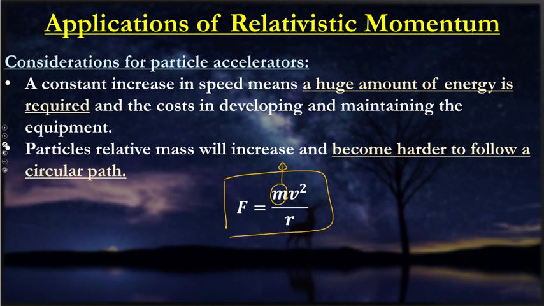So let's just go through this. A constant increase in speed means a huge amount of energy is required, and the cost of developing and maintaining the equipment. So that's one of the things when you talk about particle accelerators. Particles' relative mass will increase and become harder to follow a circular path, because you need a lot more force to keep it in check in the circular pathway.